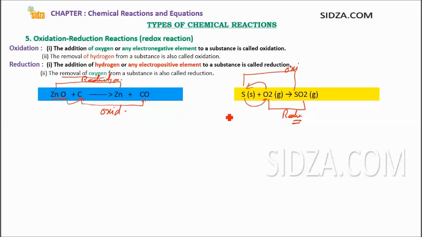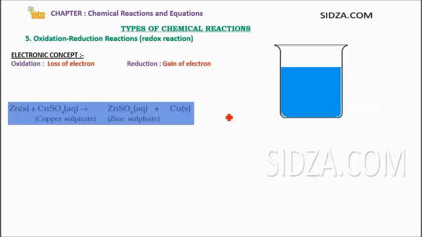Now a more modern concept of oxidation and reduction is called the electronic concept. We can explain the redox reaction in terms of the loss and gain of electrons. The loss of electrons is called oxidation, and the gain of electrons is called reduction.